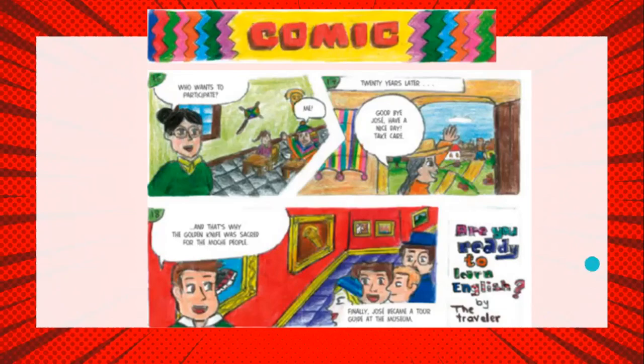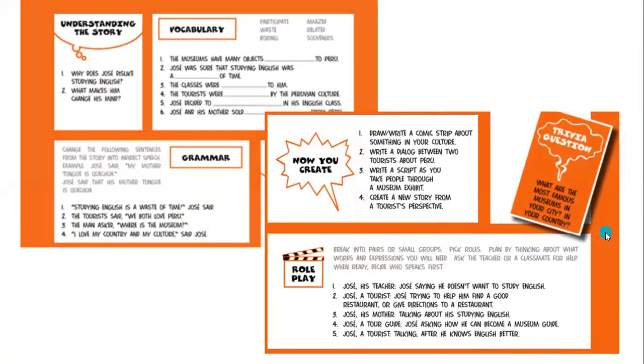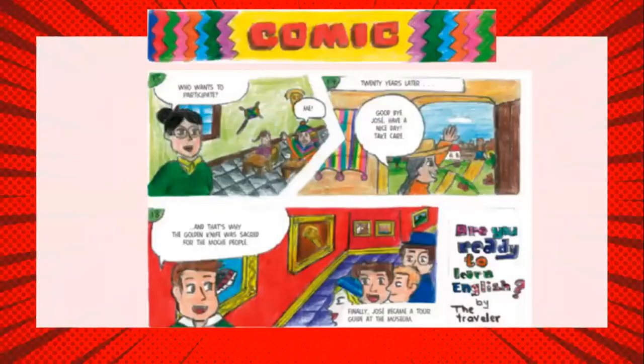As you saw, this was done by the students, so it was self-made. They painted it, they colored it, and it's perfect. So it's fine, and this is a way of encouraging them to be creative, to use their imagination.